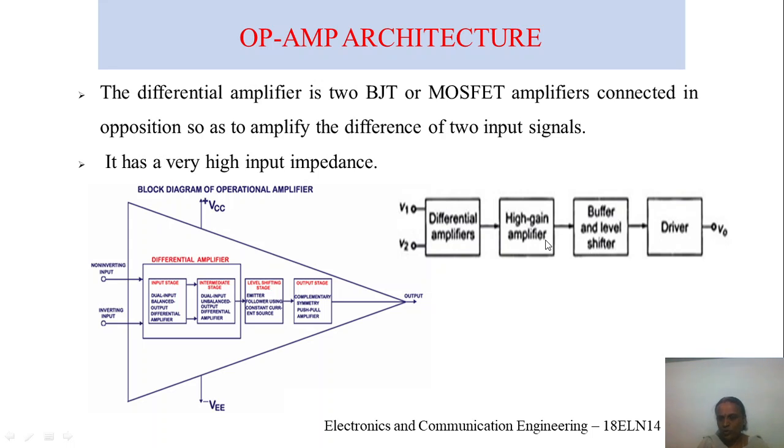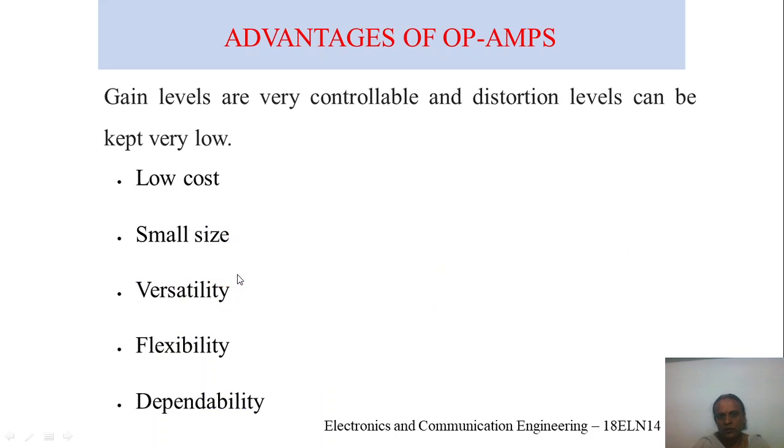Okay. Now, to eliminate the external noises or the internal noises from the components of an op-amp, you require a level shifter or a buffer. Okay, this represents very clearly the block diagram of the internal architecture of an op-amp.